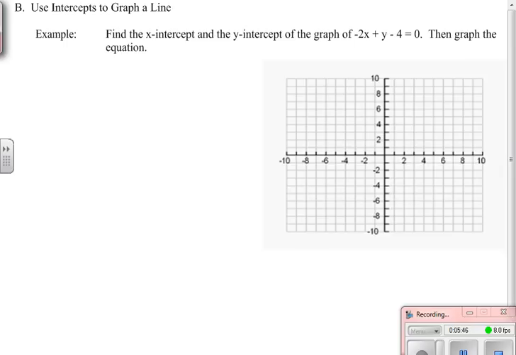X-intercepts and y-intercepts are a way to graph if it's not in slope-intercept form. The x-intercept is where it crosses the x-axis, and the y-intercept is where it crosses the y-axis. Now, that gives us the information we need.